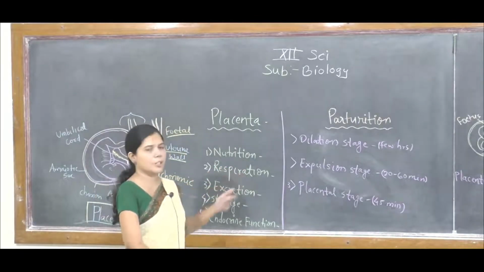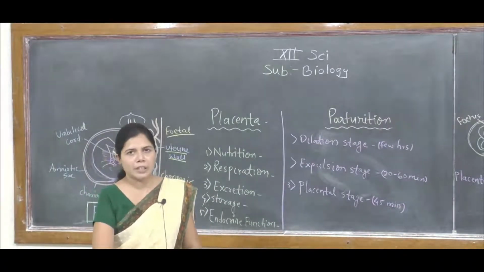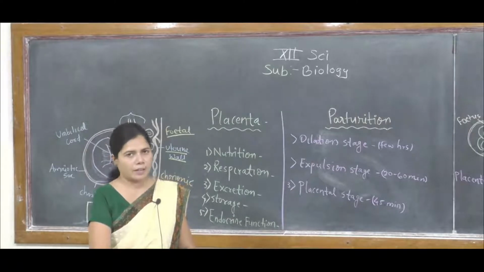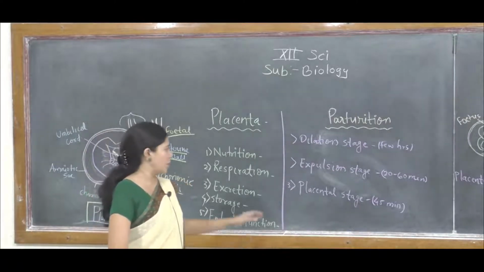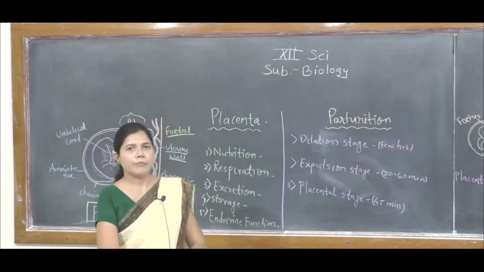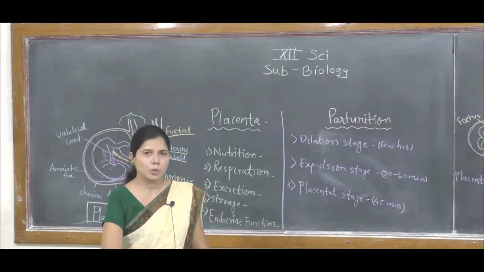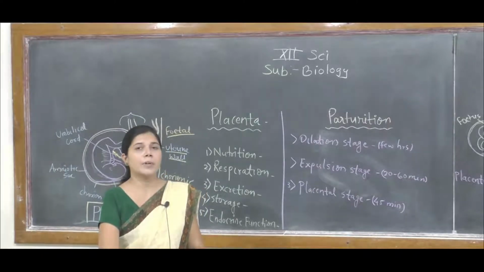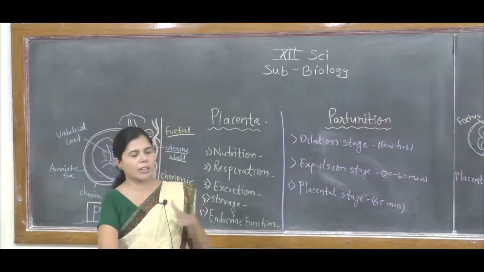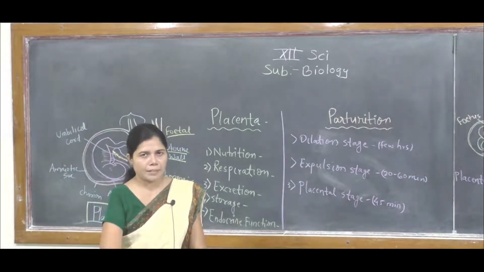The second one is respiration. Through the placenta the fetus can respire. Oxygen moves towards the fetus, meaning oxygen-rich blood passes to the fetus, and carbon dioxide-rich blood is returned through the placenta to the maternal blood.